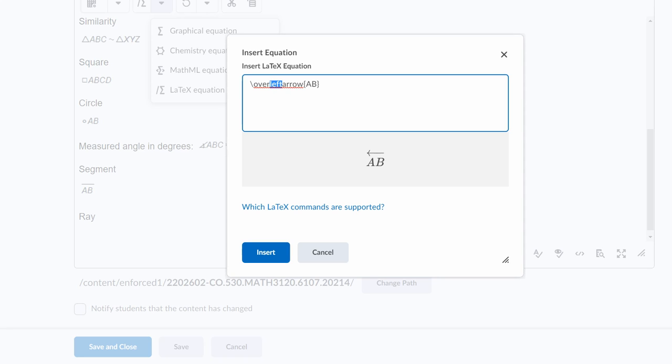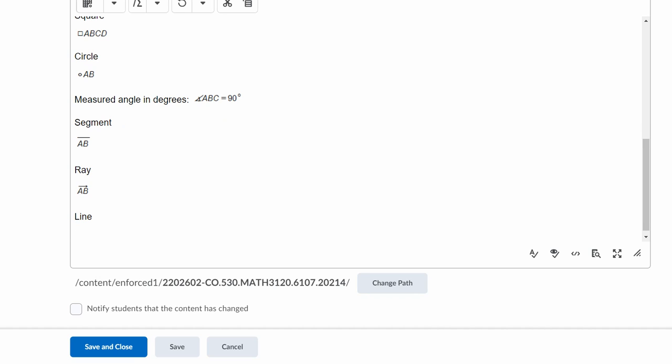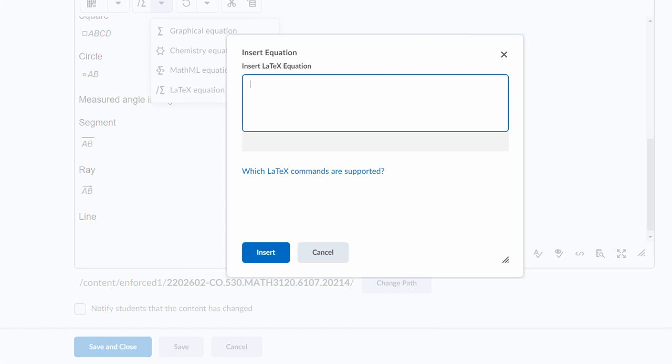Sorry about that, but I will put the right arrow in. Over right arrow will give me array. And then a line where I want the symbol on top to be a line pointing both ways is the slightly wordy over left right arrow AB.